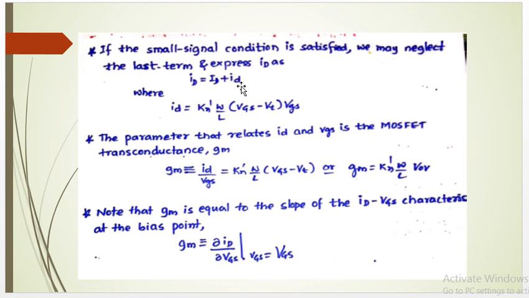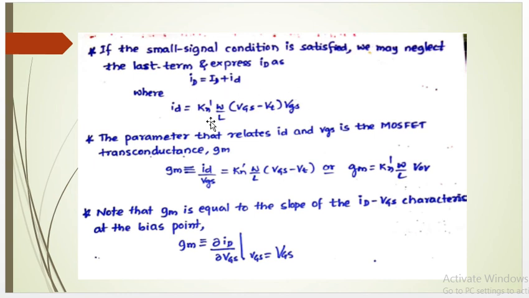The third term corresponds to the current due to the input signal applied, which we can call AC signal or AC current, where id is given by Kn dash W by L VGS minus VT into vgs.